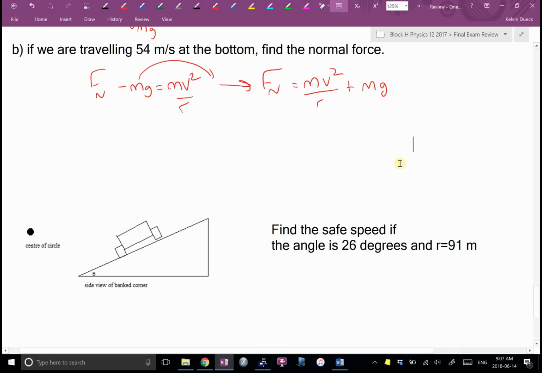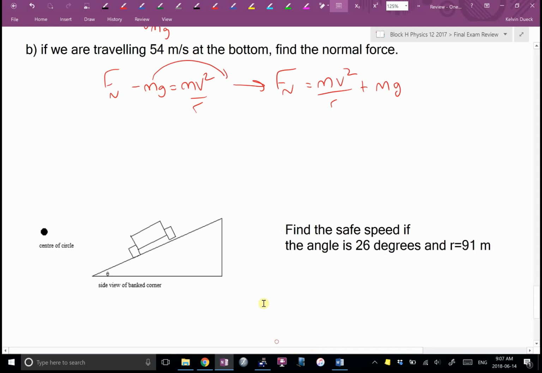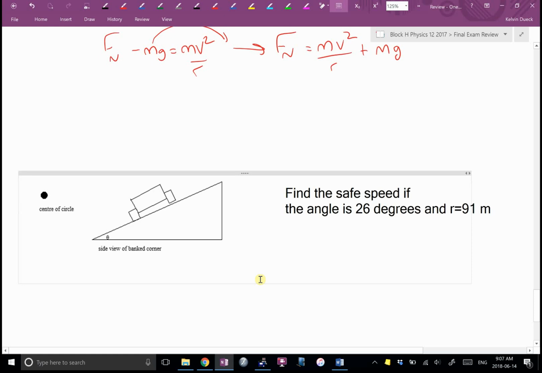Now, how do we do that one here? This is a job for a free body diagram. What are the forces acting on this race car? Get the obvious one. I'll put the mg on the same side as the angle theta. Oh, no. Actually, this one we didn't go components.